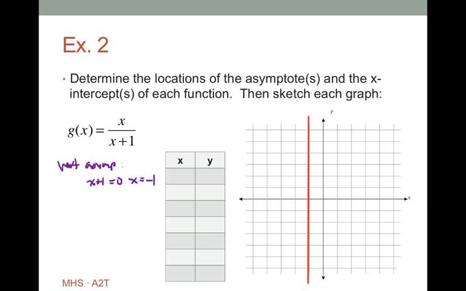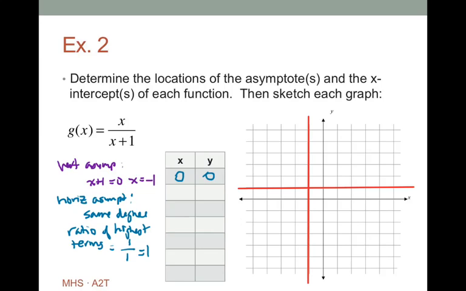Now, horizontal asymptote, I look at the order of the two, denominator and numerator. It looks like they're the same order, so I look at the leading coefficients. The leading coefficients are going to be 1 over 1. So my horizontal asymptote is just going to be at 1. Okay, so there's my horizontal asymptote.